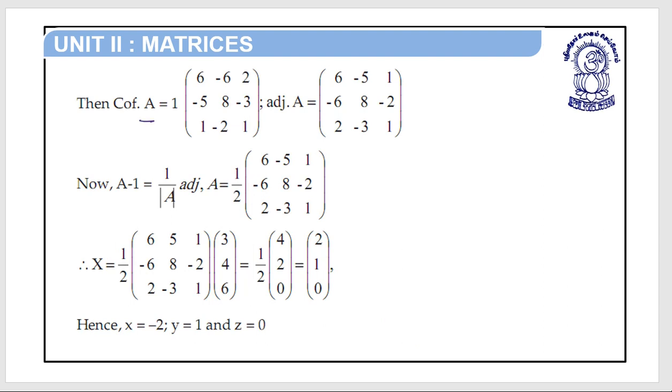Then cofactor of A is equal to 1, 6 minus 6 2, minus 5 8 minus 3 1 minus 2 1. Adjoint of A is 6 minus 5 1, minus 6 8 minus 2 2 minus 3 1.